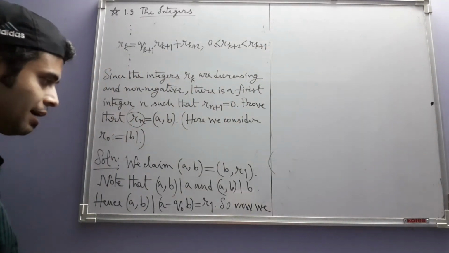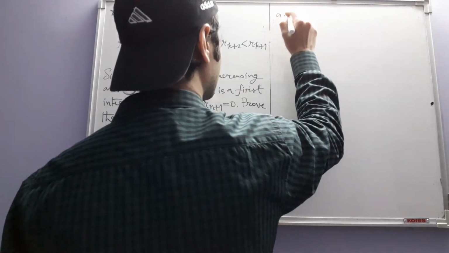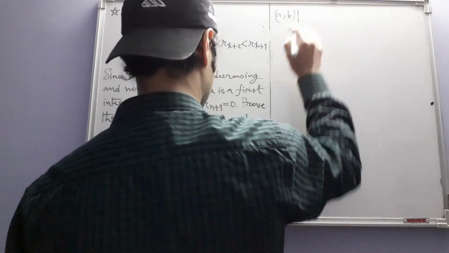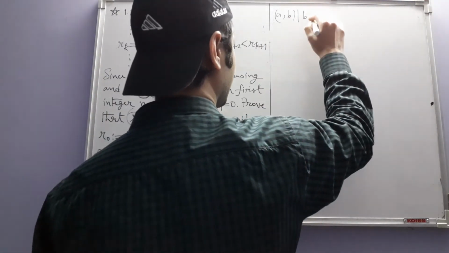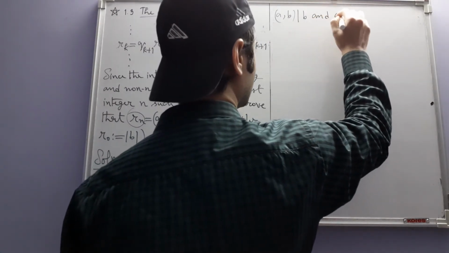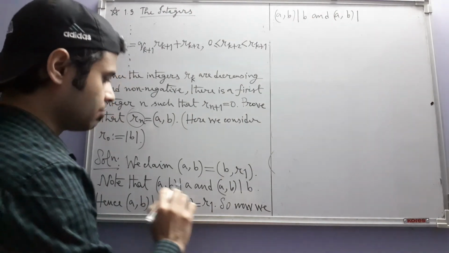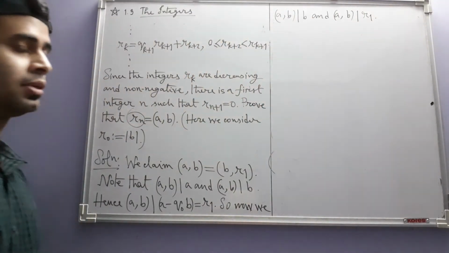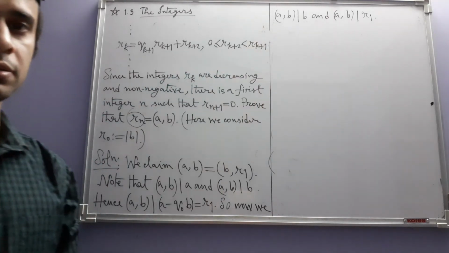So what do we have here? We have GCD of A, B dividing B. This we already have from definition, and GCD of A, B also divides R1. Now think of the GCD of B and R1.